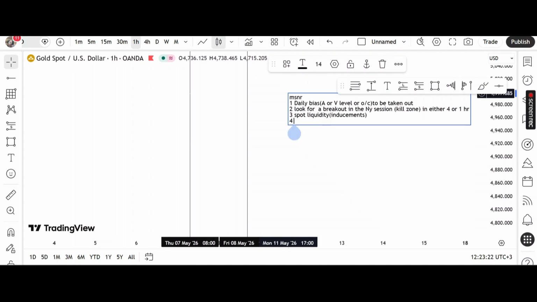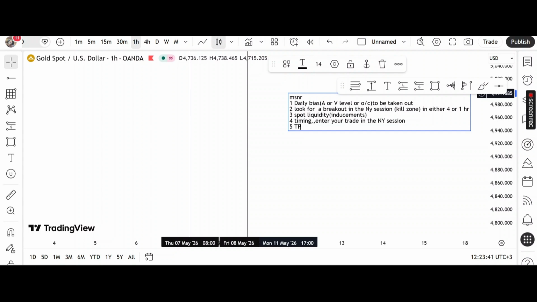And the last thing, timing. You enter your trade in the New York session, specifically.